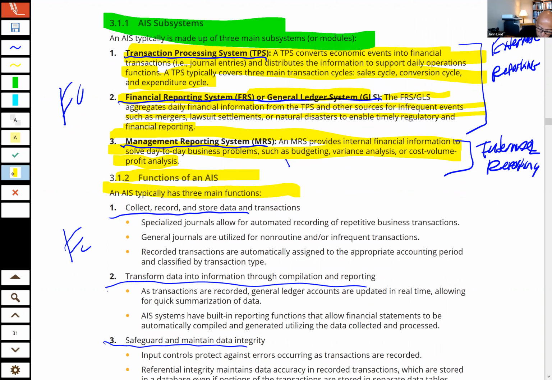They tell us that we record, collect, and store data. Specialized journals allow for automated record keeping of repetitive business transactions. They listed those up there earlier. Repetitive business transactions are going to be things like our sales and our inventory purchases.